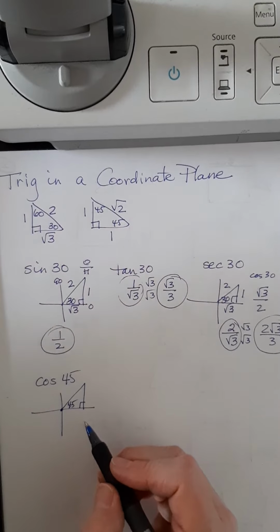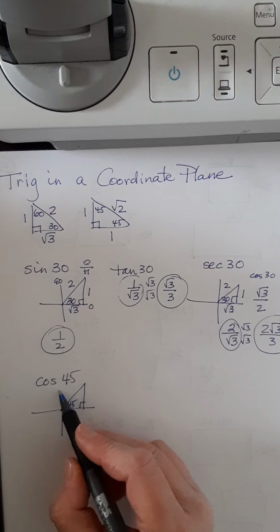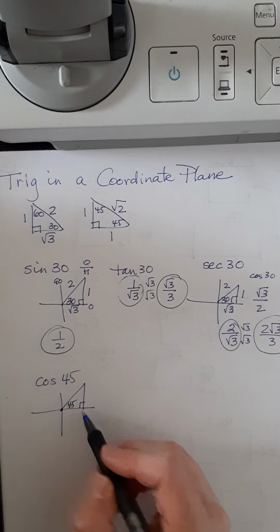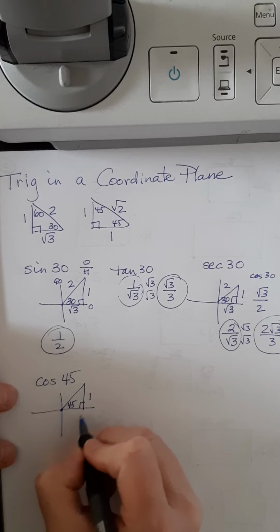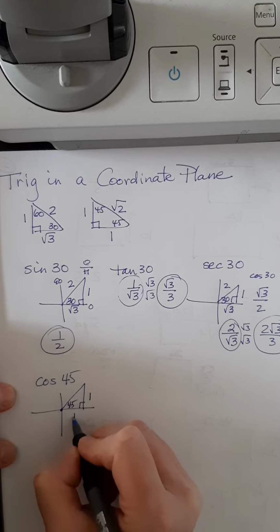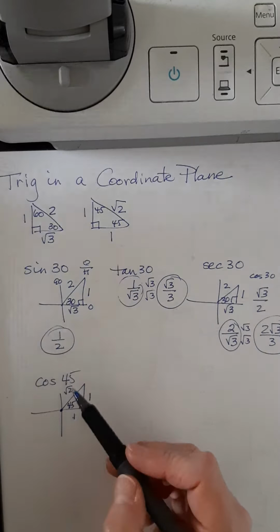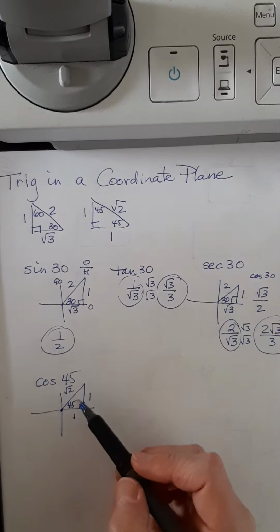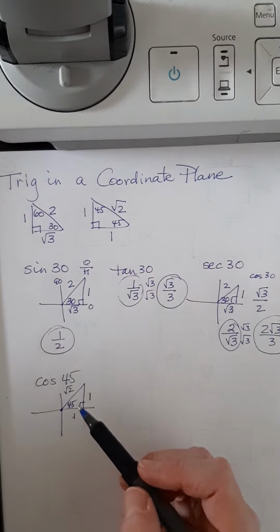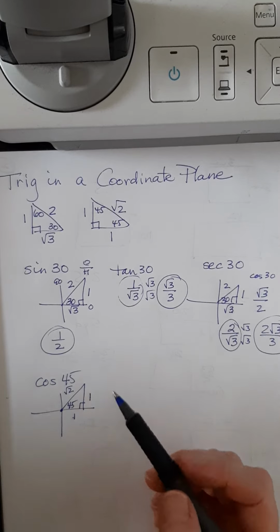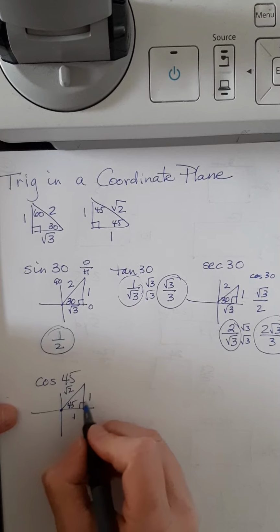Never, ever, ever the y-axis. Always drop it down to the x. So then put in your sides, 1, 1, square root of 2. And see, now you got it drawn. You can find cosine of 45, cosecant 45, cotangent 45. You can find any of the 6 because you've got it drawn.